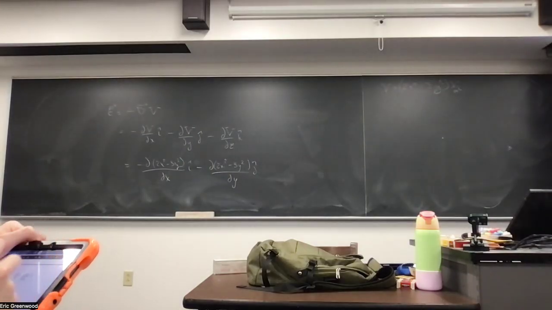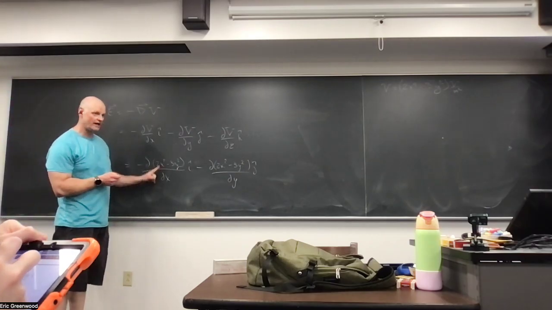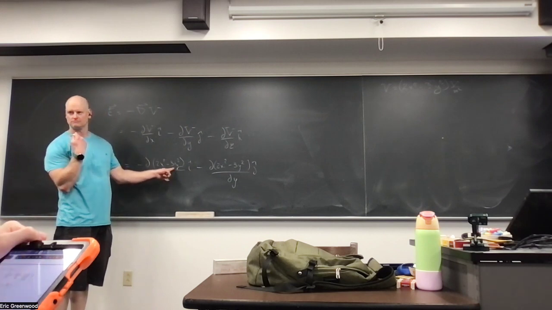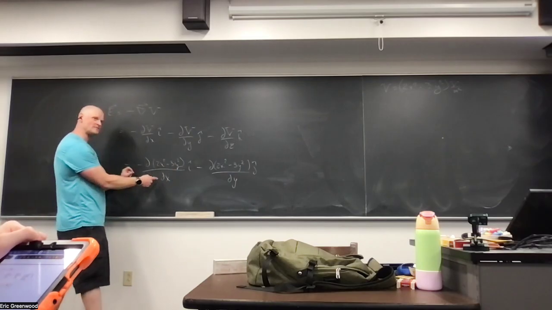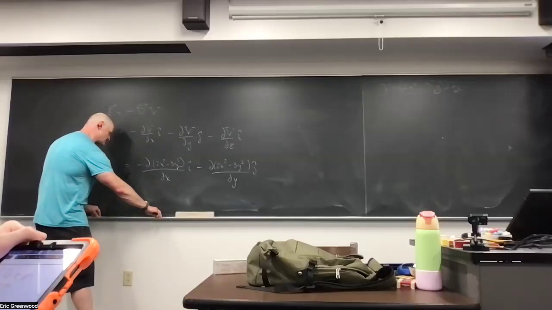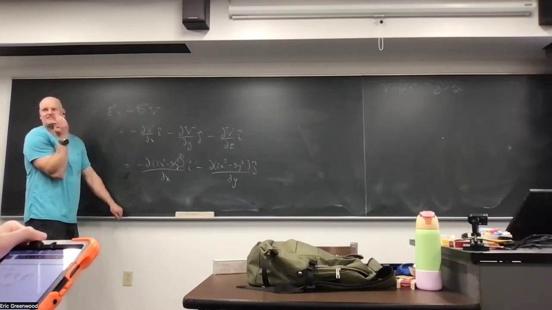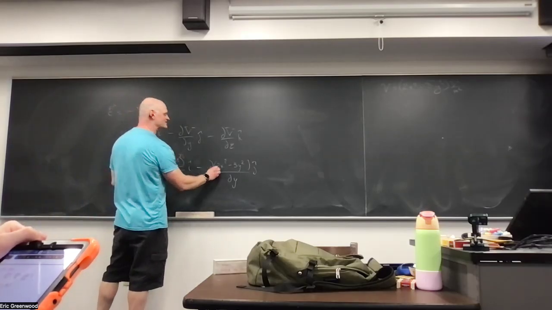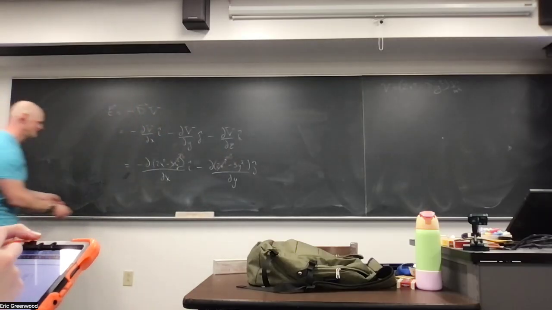Now, the way the partial works is anything that is not the variable I'm taking the derivative with respect to is simply a constant. Which means when I take the partial of y with respect to x, what do I get? 0, right? As far as this partial is concerned, this term is going to be 0 because it's a constant. As far as this derivative is concerned, x is a constant with respect to y, so this one is simply going to be 0 as well.